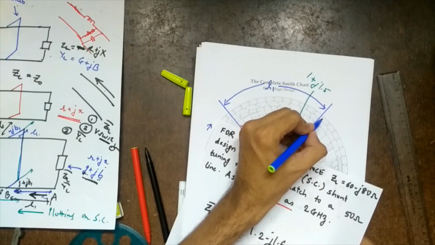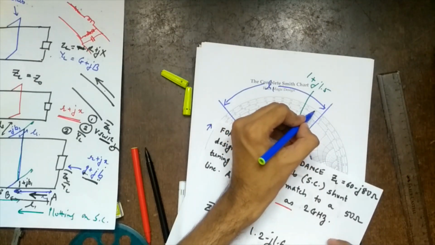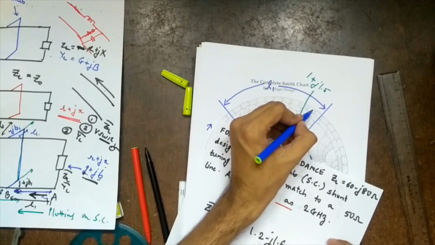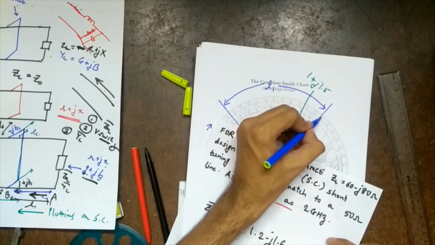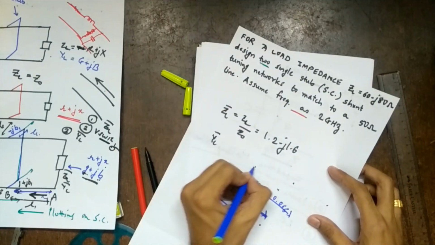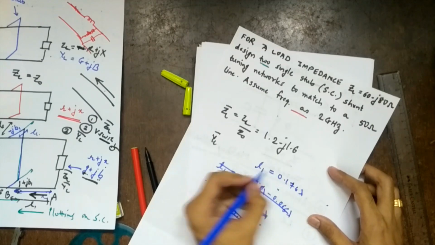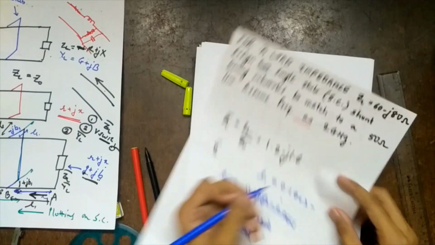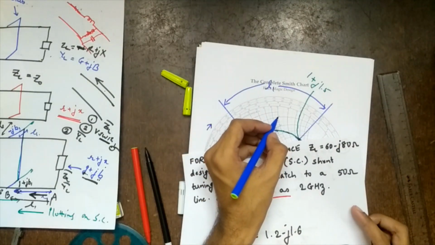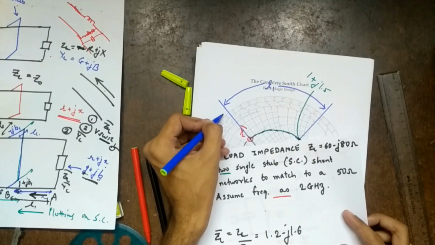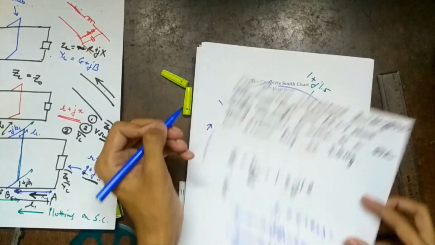Between 0.17 and 0.18 there are 5 divisions, so 0.01 by 5 gives 0.002. So L1 equals 0.176 lambda. The whole length of the Smith chart is 0.5 lambda, or lambda by 2, minus this is 0.064.